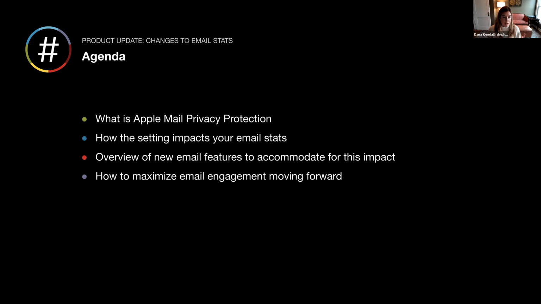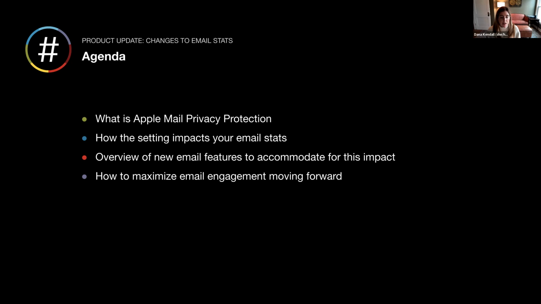So once that was released and once people were adopting the new Apple operating systems on their devices and enabling these advanced protection or privacy protection features, how was that impacting open rates and changing the way that those are being calculated in a way that was obscuring the data a little bit. And then we'll dive into what we've implemented to counteract some of the changes and make sure that the data that you have in your control panel is actionable and meaningful.